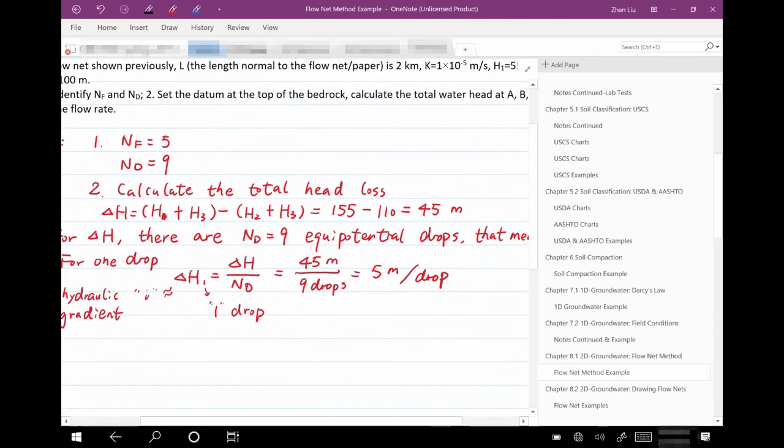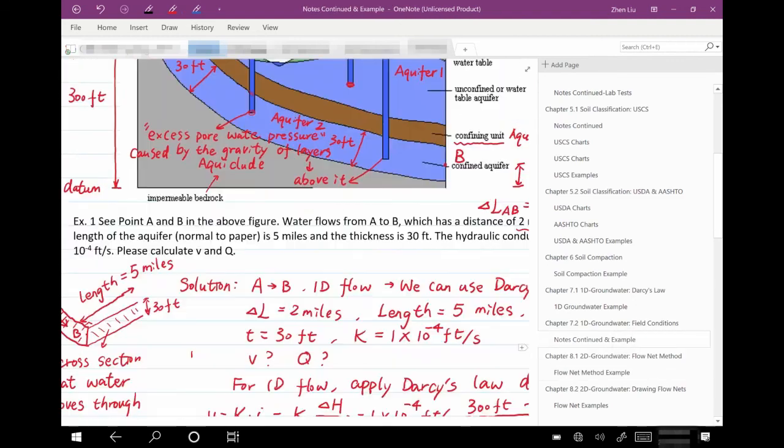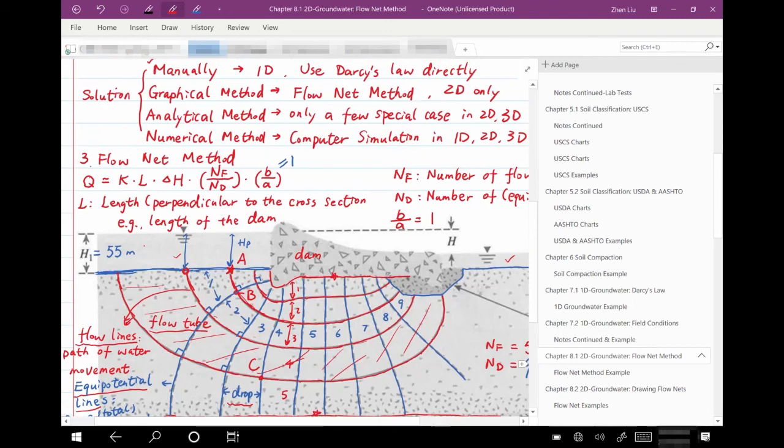So at point A, it is connected to bulk water. So that means we can read the pressure head directly. The pressure head is the height of water column above it. So here, this is HPA. And here you can see this is 55 meters. And the elevation head is obtained based on the datum.